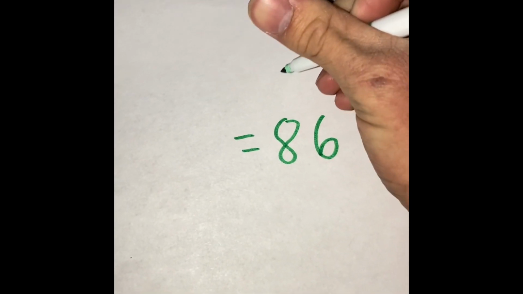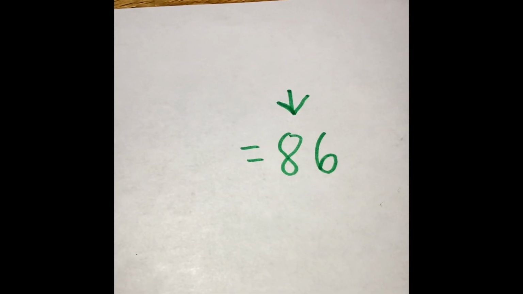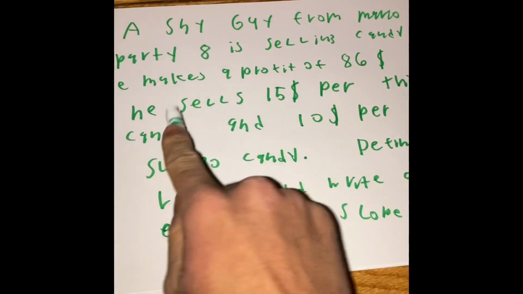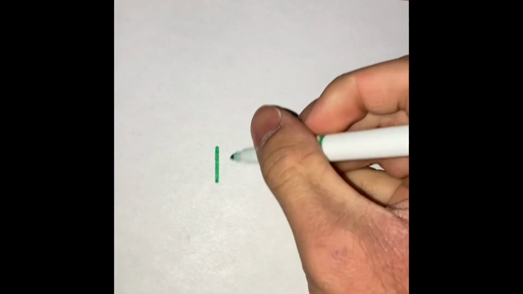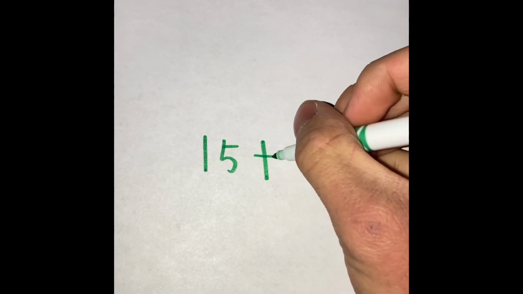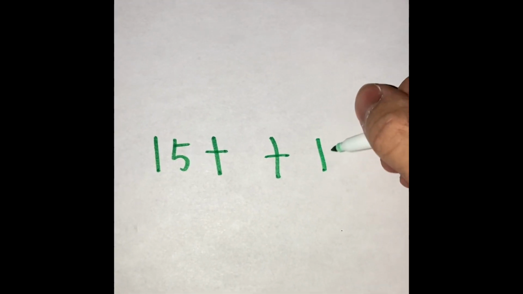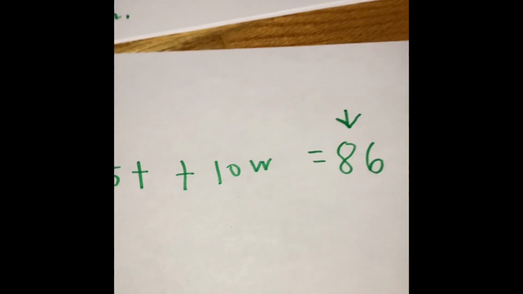That's how much the Shy Guy earns in total. And we have $15 per Thrice candy and $10 per Slow-Go candy, so we write 15t plus 10w equals 86.